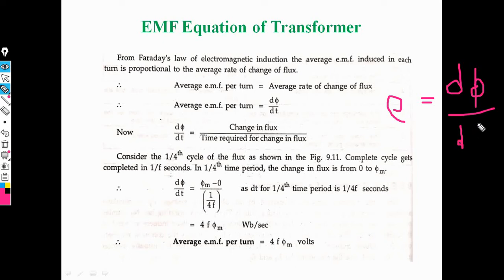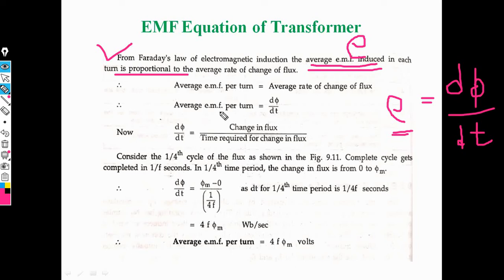Faraday's law states that the average induced EMF is directly proportional to the rate of change of flux with respect to time.